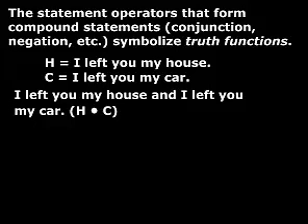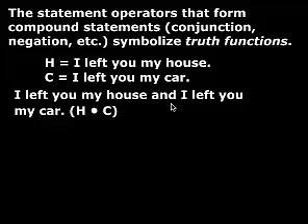I say, I left you my house and I left you my car. So it's a conjunction. It's these two atomic statements, H and C, put together with this conjunction operator, and. And so the statement is actually a big statement put together with two smaller statements, in this case atomic, and a conjunction operator.